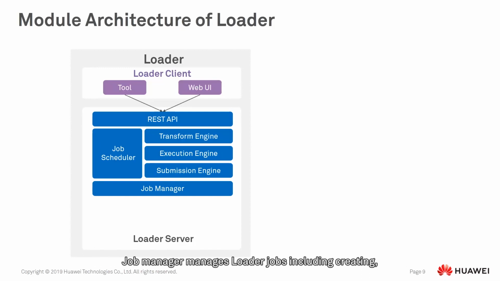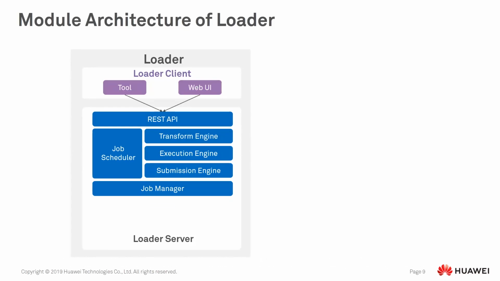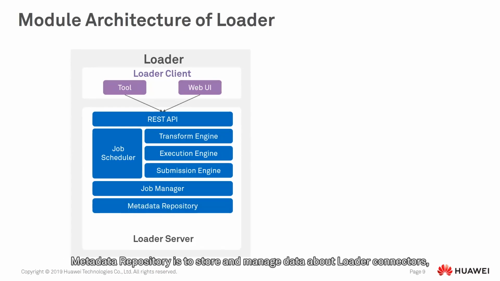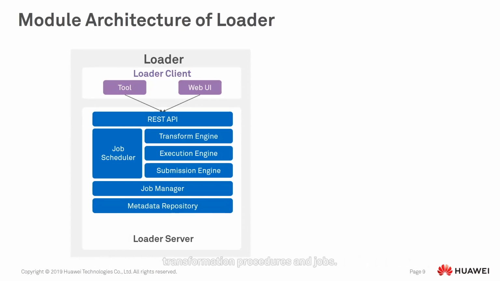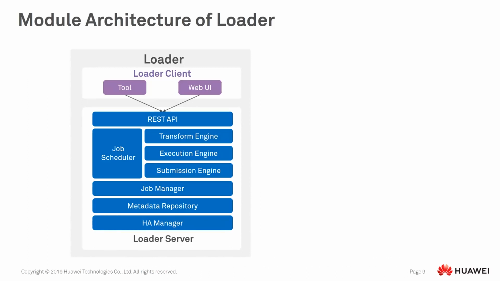Job Manager manages Loader jobs, including creating, querying, updating, deleting, activating, deactivating, starting, and stopping jobs. Metadata repository is to store and manage data about Loader connectors, transformation procedures, and jobs. HA Manager manages the active standby status of Loader servers. Two Loader servers are deployed in active standby mode.